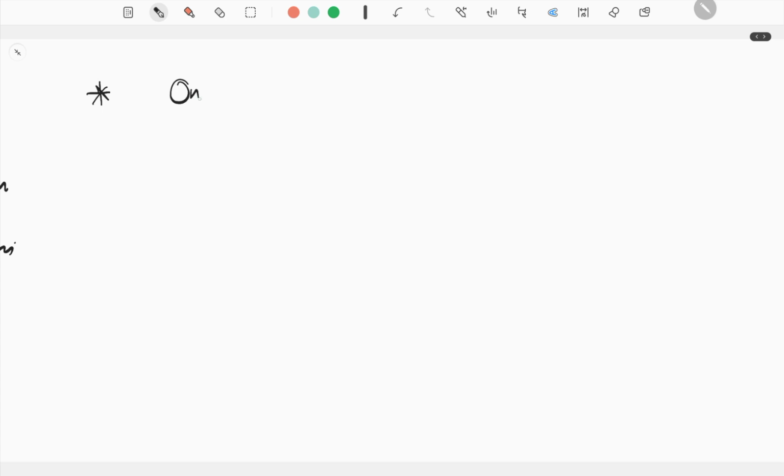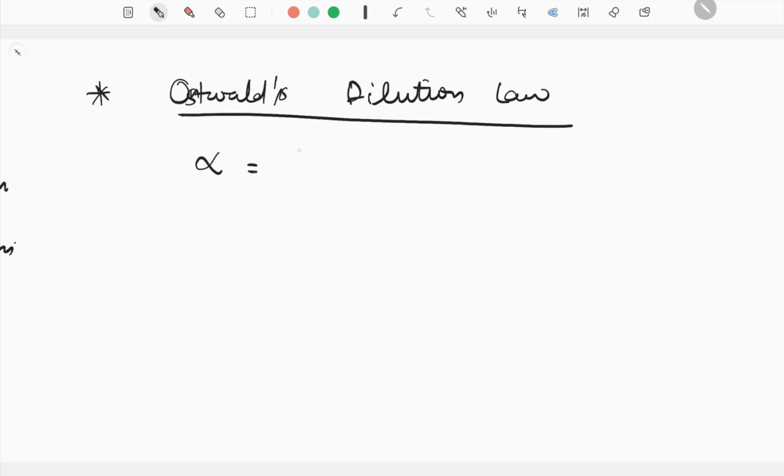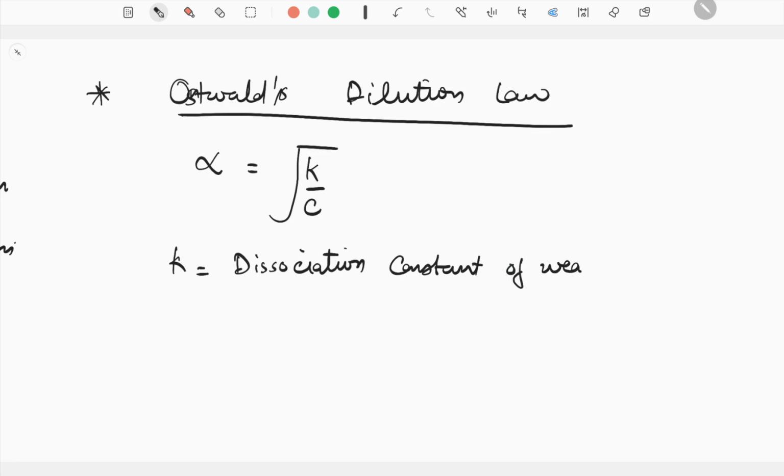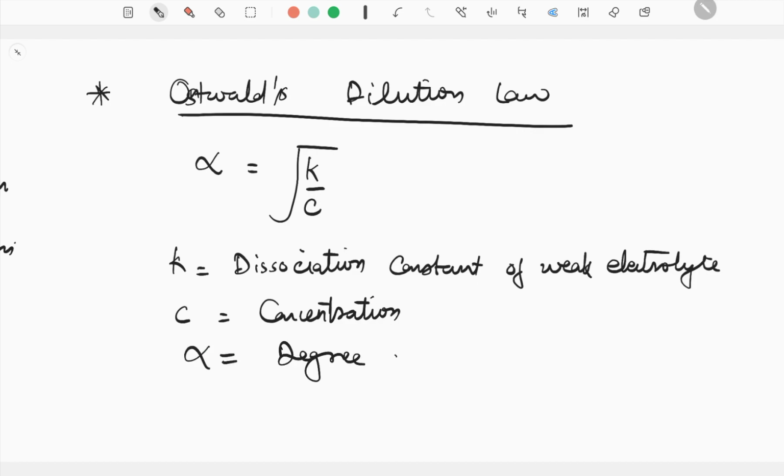Next concept is the Ostwald dilution law, which shows that alpha is equal to under root K upon C, where K is the dissociation constant of a weak electrolyte, C is the concentration, and alpha is the degree of dissociation.